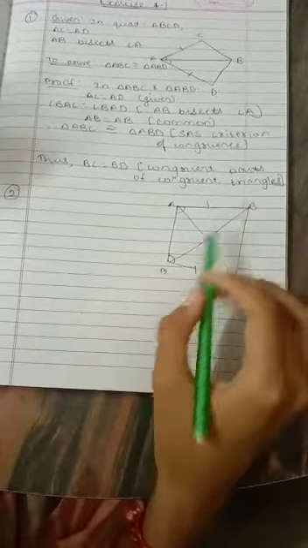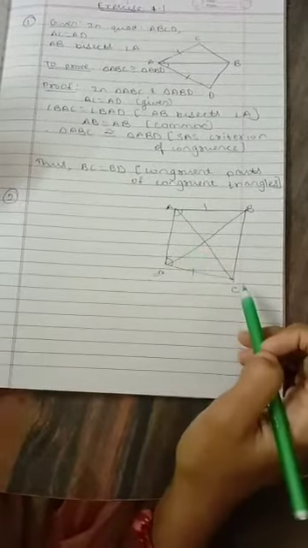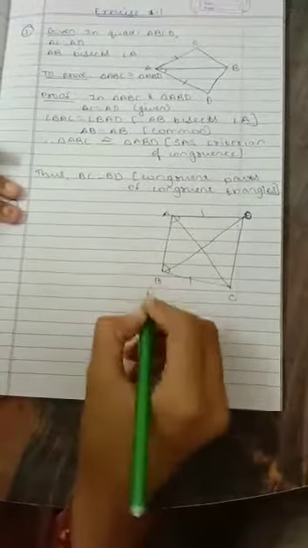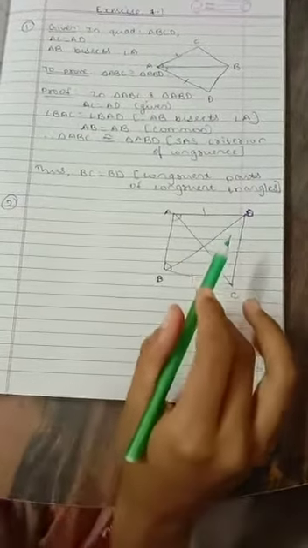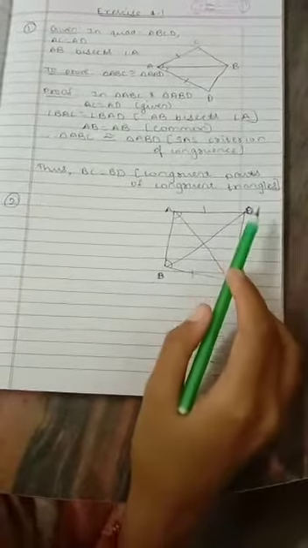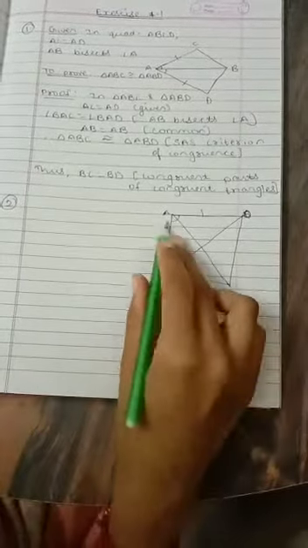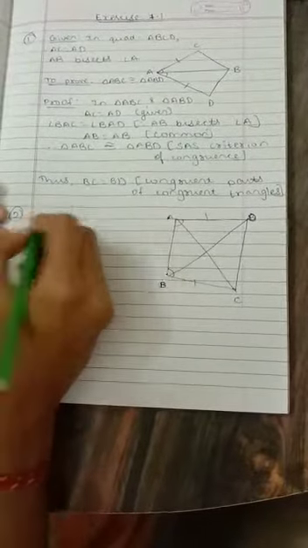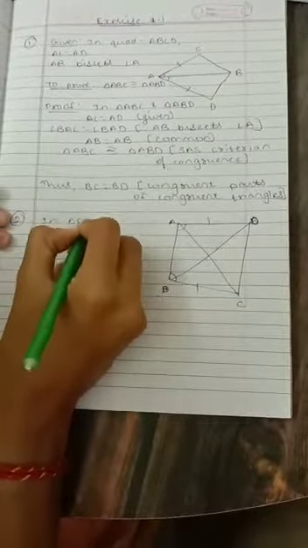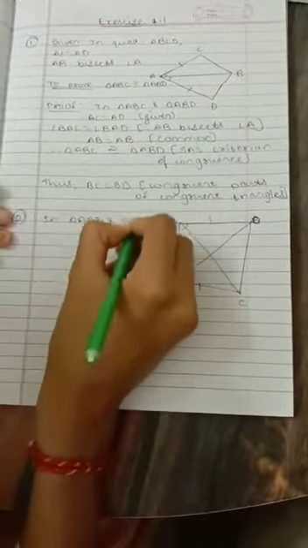Second, BD is equal to AC and angle ABD is equal to angle BAC. So first we will start with the solution, that is in triangle ABD and triangle ABC.